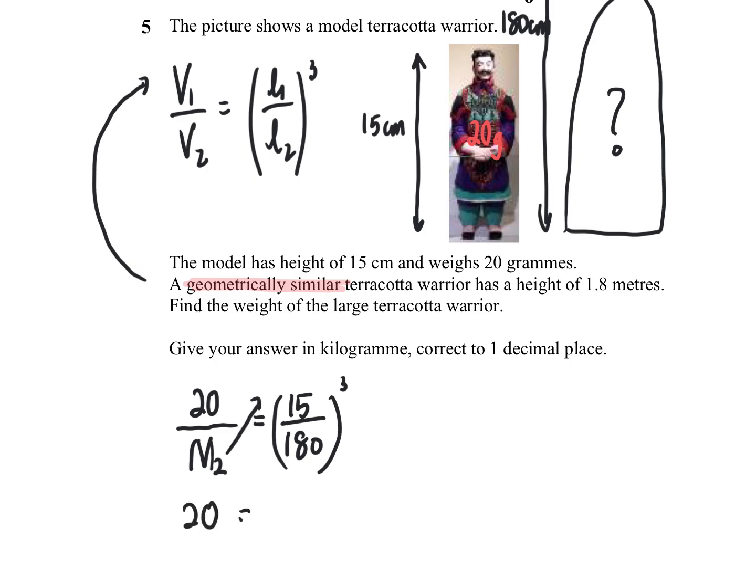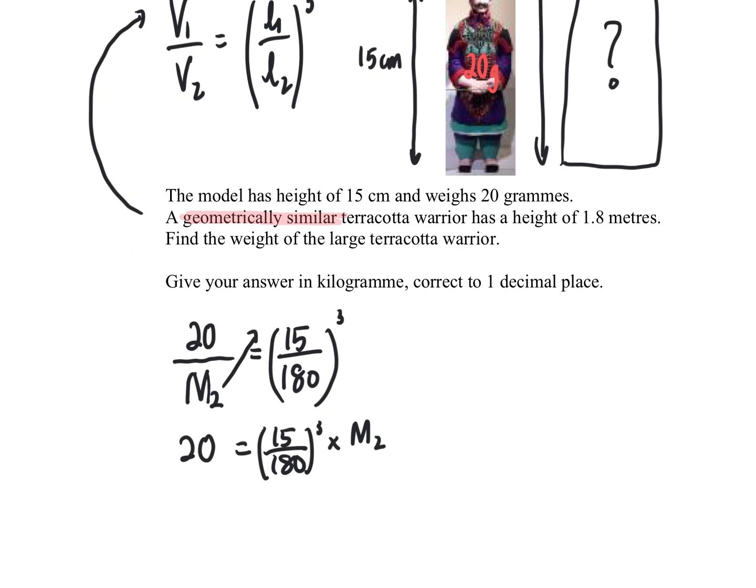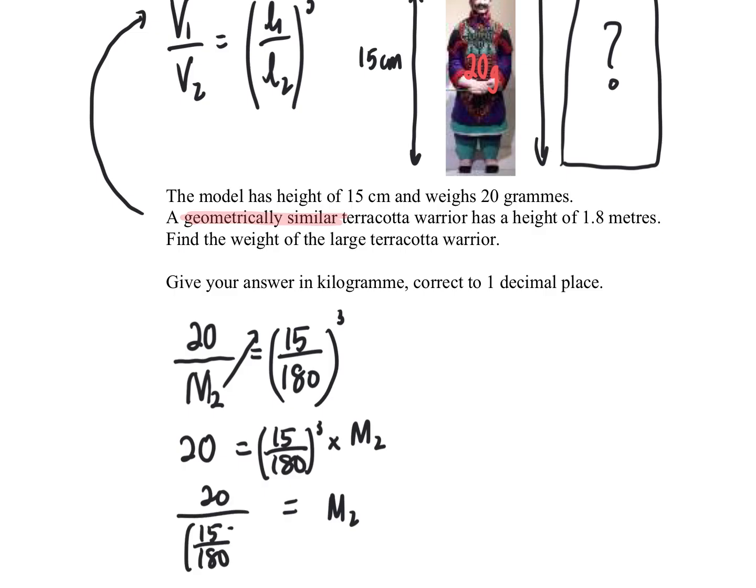This is 20. So how to find M2? Just use 20 divided by 15 cubed, then you find 1 unit, then find 180 cubed.